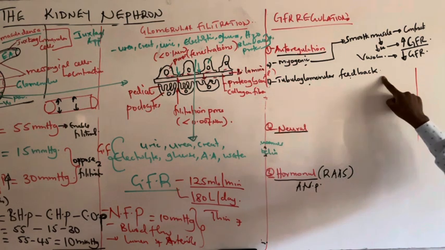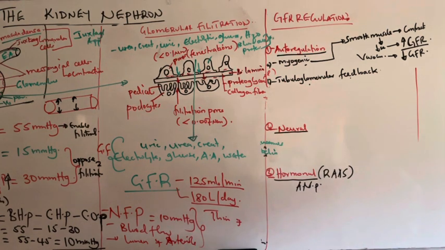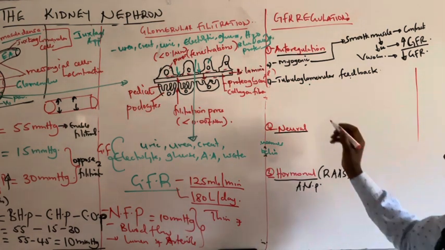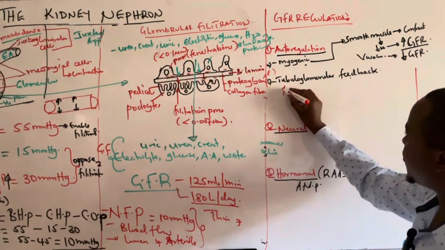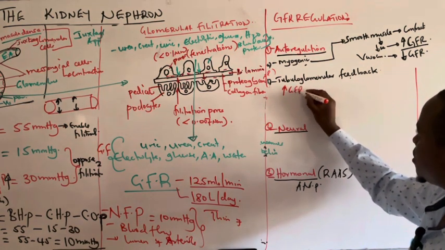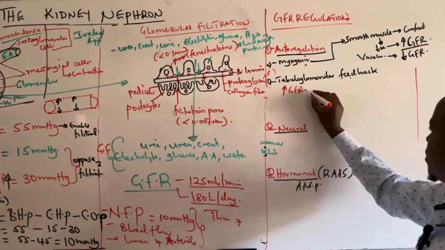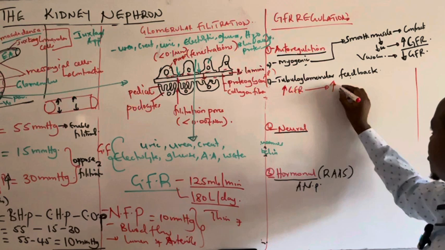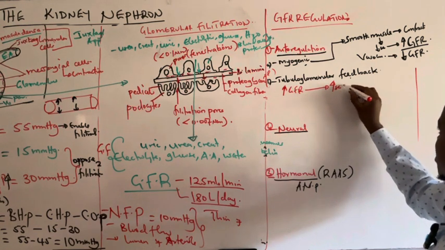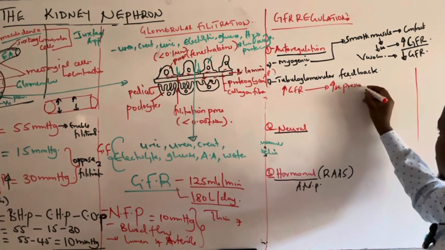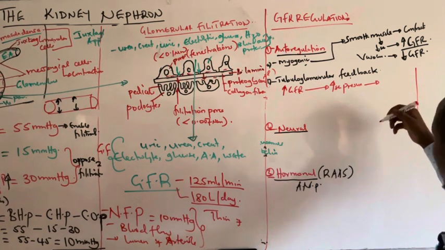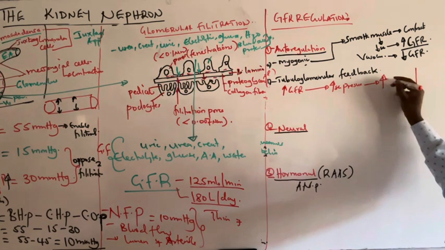Whereas in tubuloglomerular feedback, we see that increase in GFR causes increase in pressure. And this increase in pressure causes increase in flow.